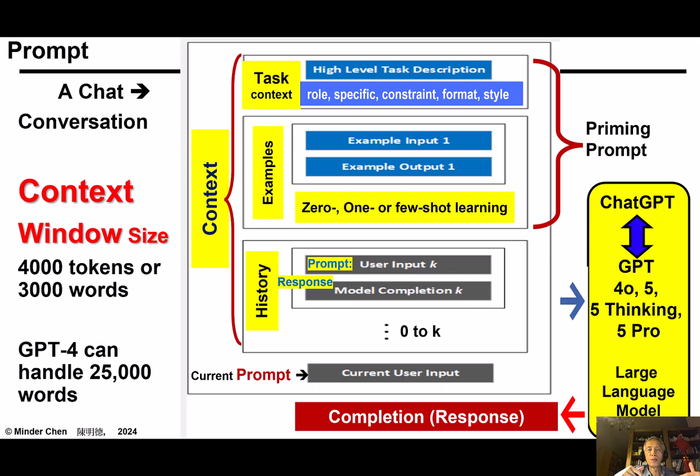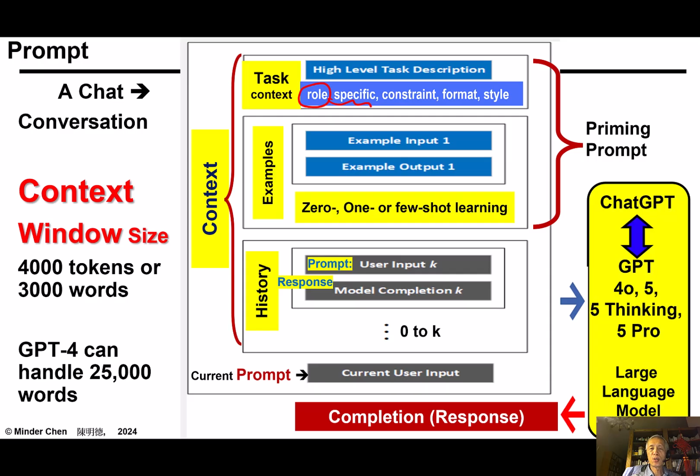This includes some background information, where you're coming from, and what role you want the large language model to play. And the background is more detailed information. The more detail you describe the situation, the better.